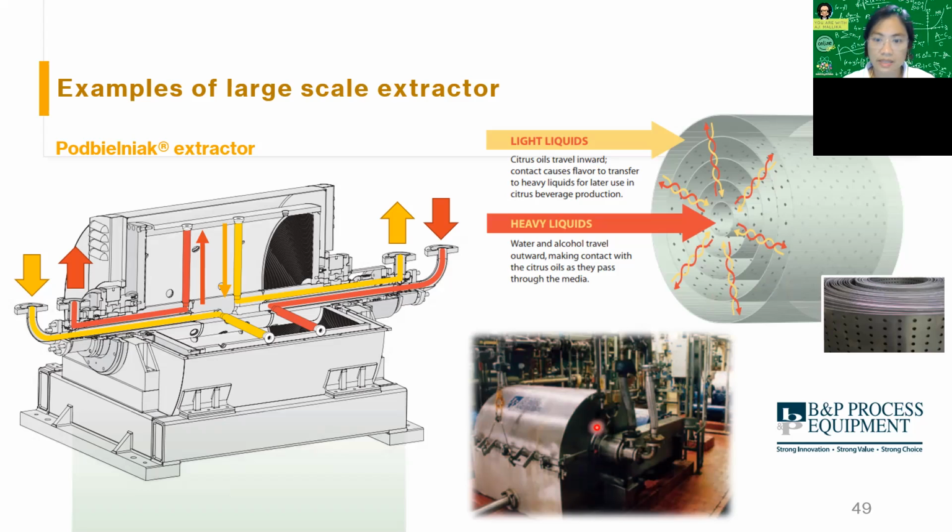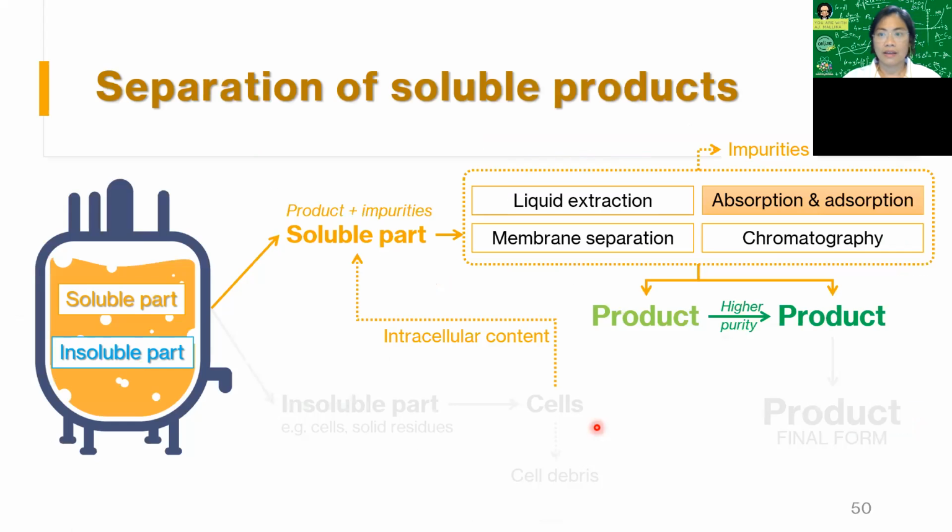This is what a large scale extractor looks like. Basically they want to have a lot of mass transfer but a very small footprint, so it really depends on the design. Okay, that is the liquid extraction.